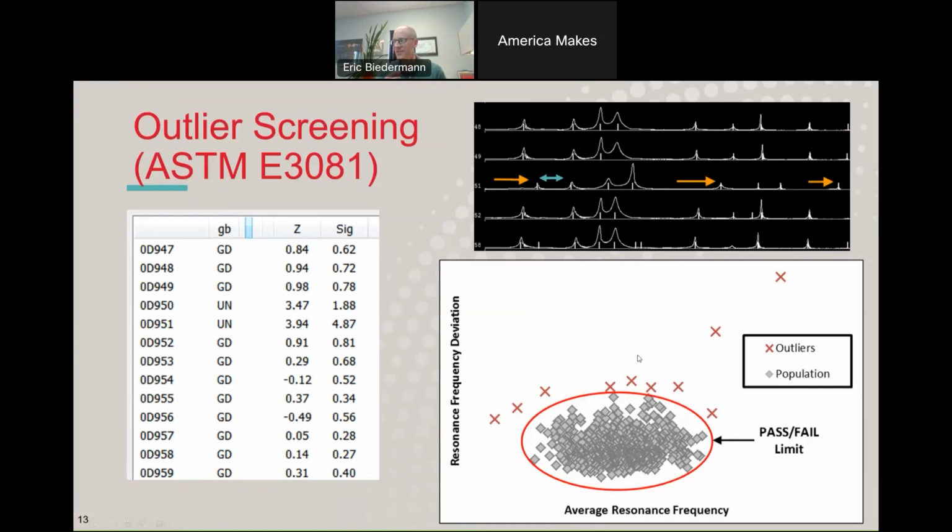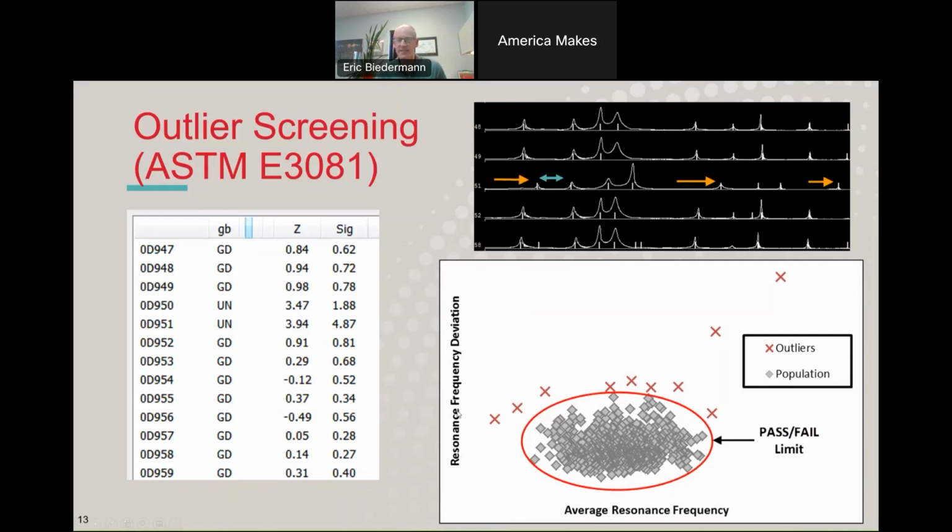And in the statistical scoring realm, that translates to a higher value on the x-axis of this plot, this average resonance frequency, or what we call the z-score average. Conversely, if all these peaks had shifted lower, we'd see a lower value on that metric. And this metric is capturing, again, bulk material changes, so a bulk density difference, a bulk difference in Young's modulus. All of those are things that will drive higher or lower values on this resonance frequency average value.